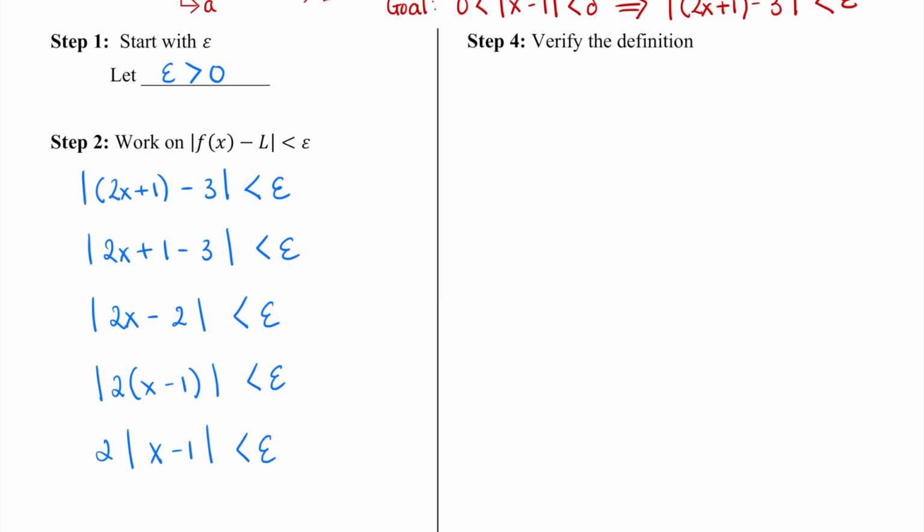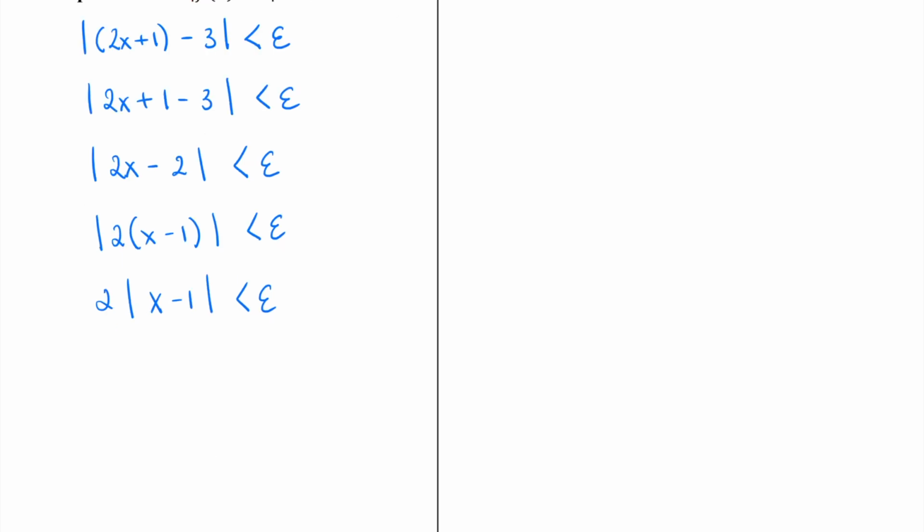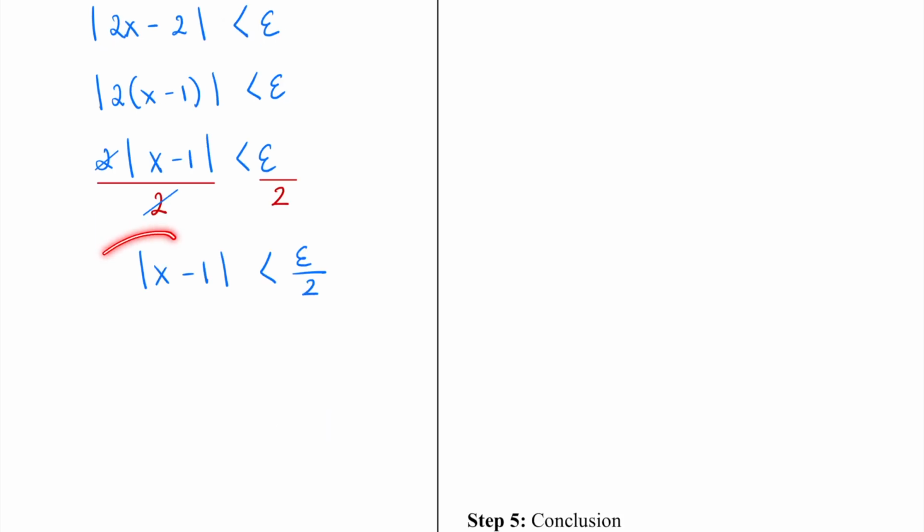And now I will divide both sides of this inequality by 2. 2 divided by 2 is 1. I stop here because I have the absolute value of x minus 1. The absolute value of x minus 1 is less than epsilon over 2.